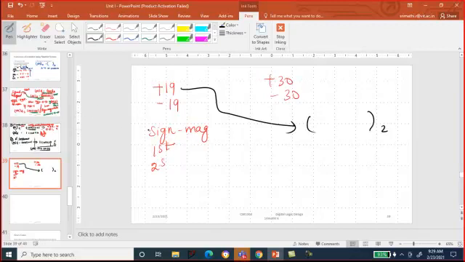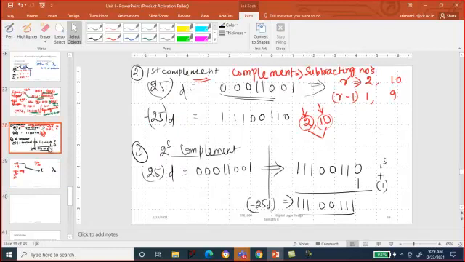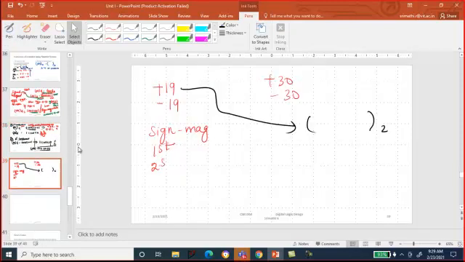Quickly tell me your answers. 19 decimal is 10011. With the preceding zeros, this will be the representation in terms of a byte.